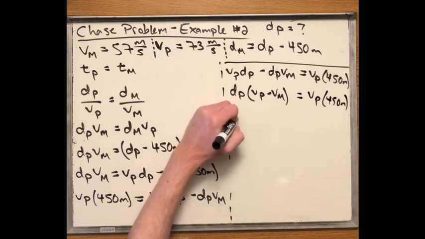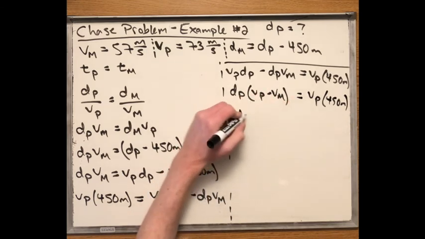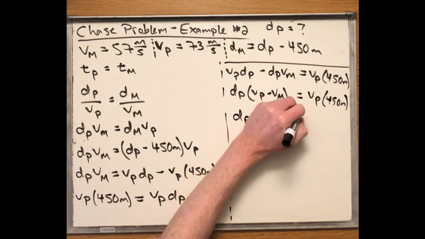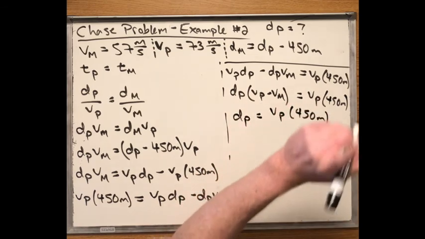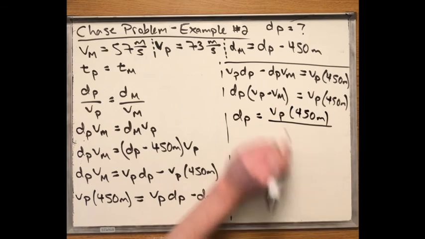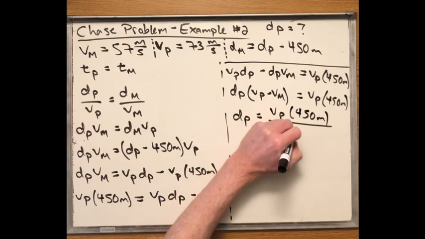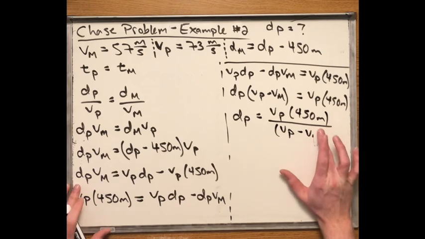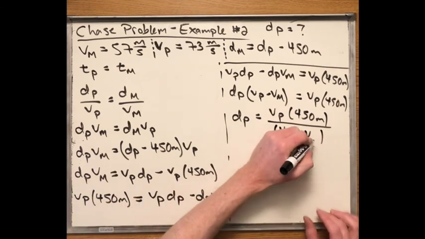And to wrap this one up, I just have to divide by the difference in those speeds. So I have VP times 450 meters, by the way, and then over VP minus VM. Again, I'd like to make that look less like a meter.